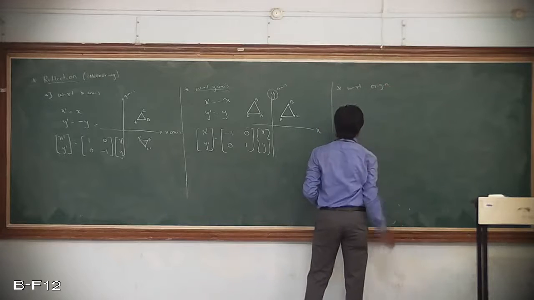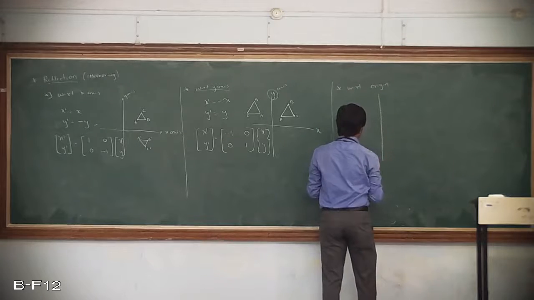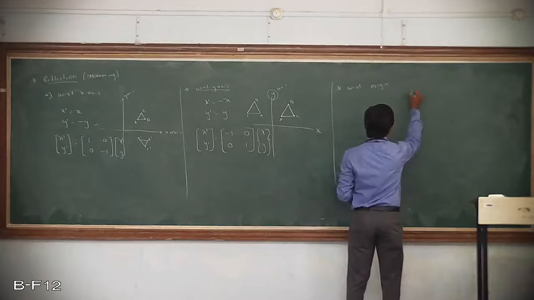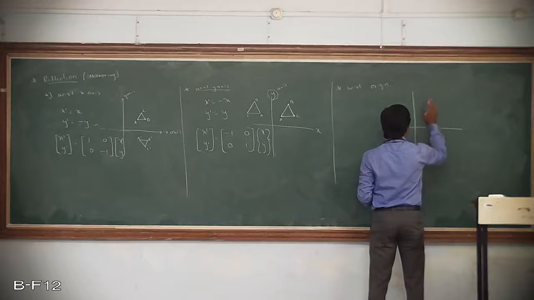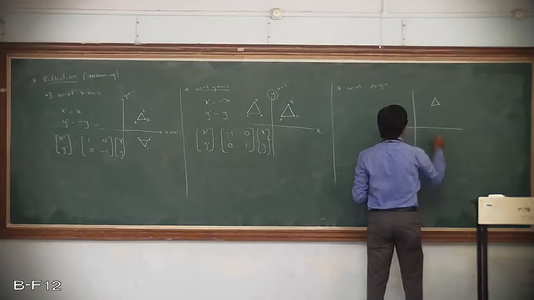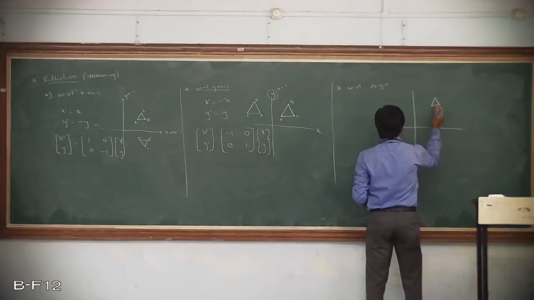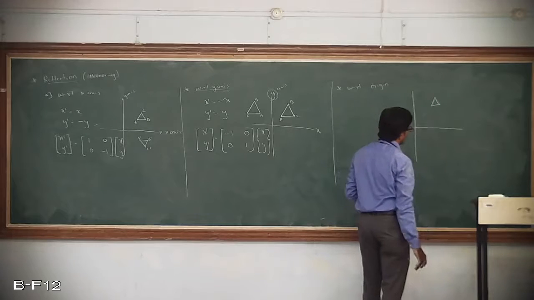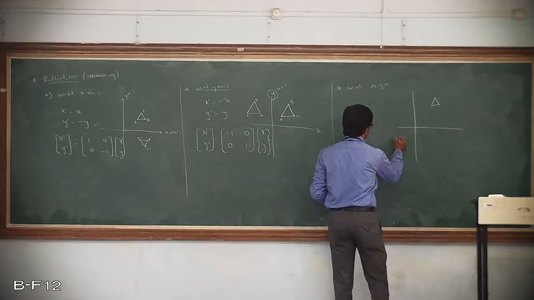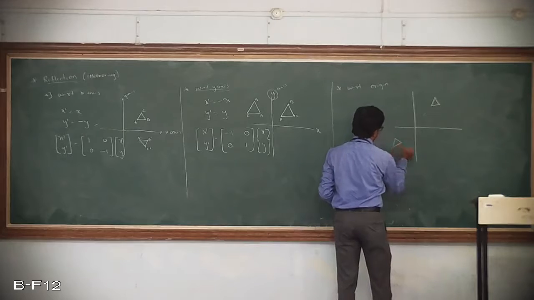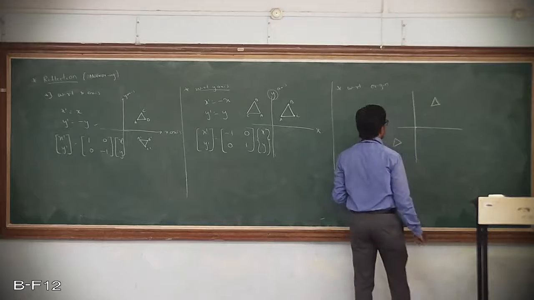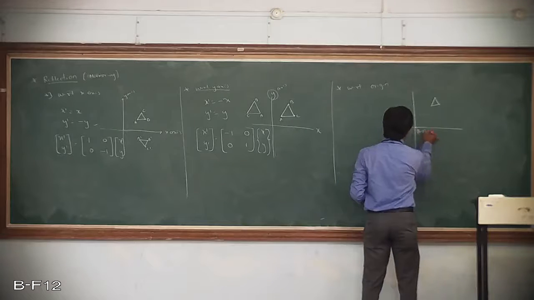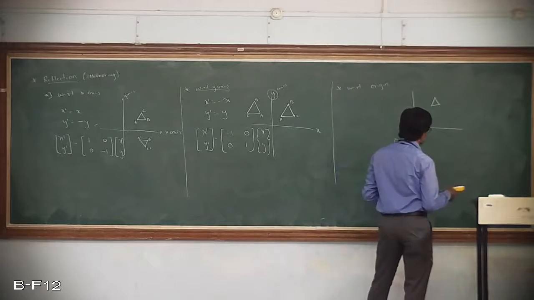So for example, if this is a component here, okay, about this point I want to reflect it, I want to get the component like this. So with respect to this particular point, the origin 0 comma 0, if I want to reflect it, what exactly is happening here?